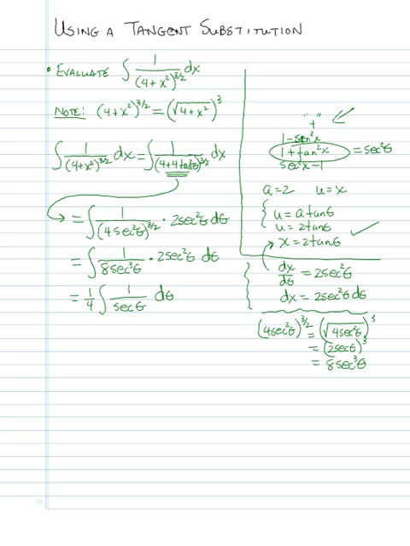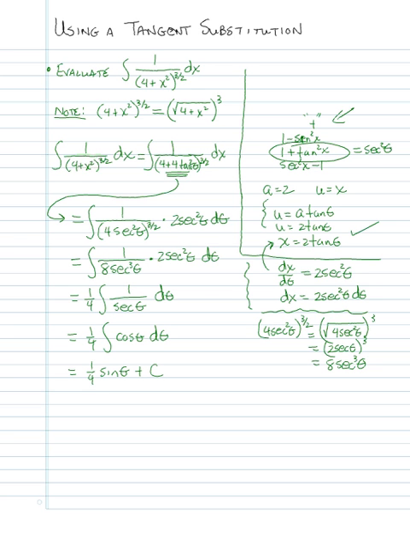Now, 1 over secant of theta is just cosine of theta. I mean, secant of theta is the reciprocal of cosine of theta, isn't it? So this is really 1/4 times the integral of cosine of theta d theta. Well, now we feel pretty good that we can complete our integral. That'll be 1/4 times the integral of cosine, of course, is sine, plus our constant of integration.